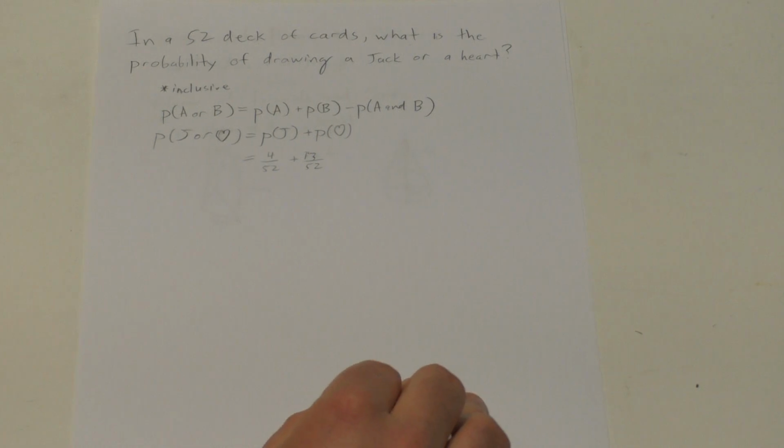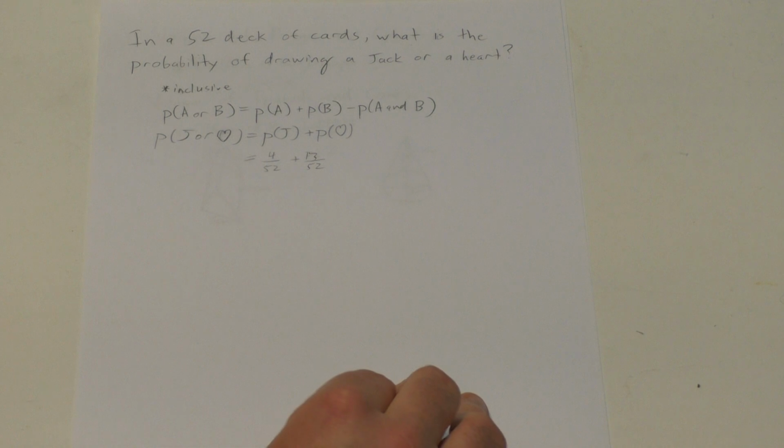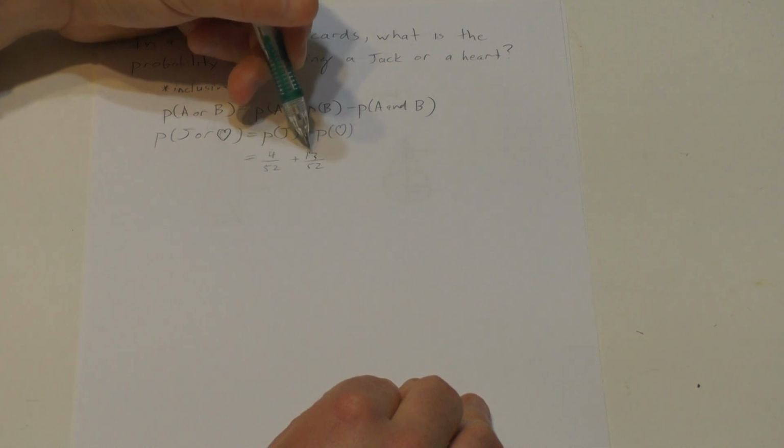So 13 hearts out of 52 total cards. Now here's the thing. If I were to add those together, I would double count, because there's one jack that's also a heart. Okay? So I've counted the jack here, and then I've also counted one of these cards as a heart, and it's a jack as well.